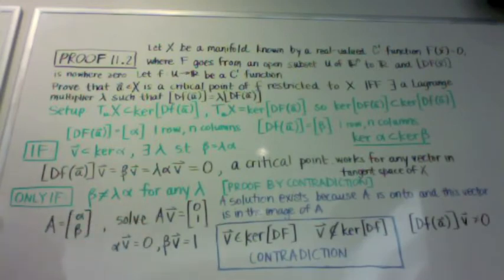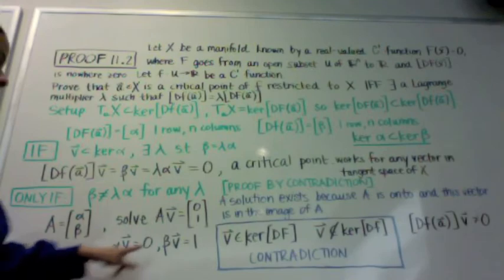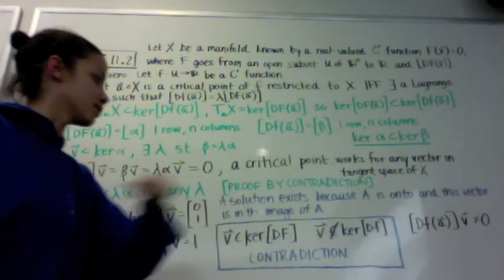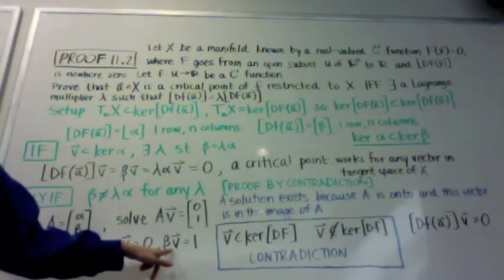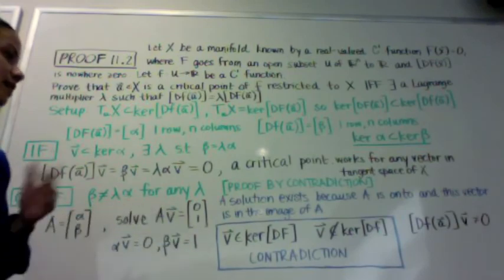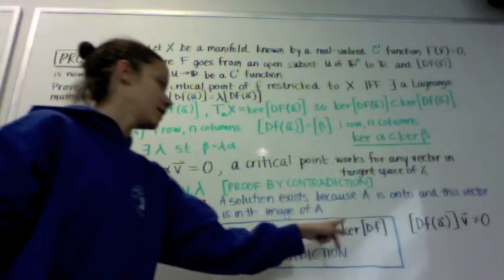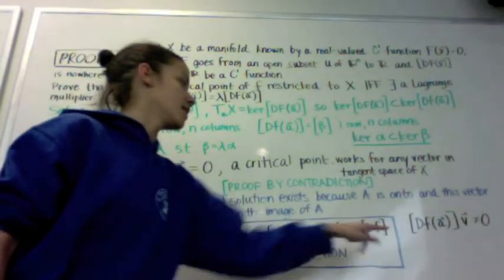So what does that mean? Well, v is in the kernel of alpha, so v is in the kernel of the Jacobian of the constraint function. But beta acting on v gives us 1 and not 0. So v is not in the kernel of the Jacobian of the optimizing function.